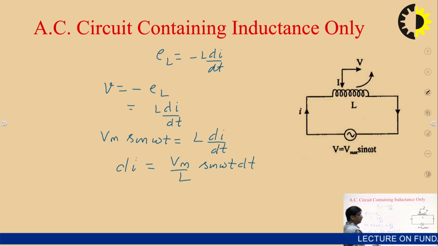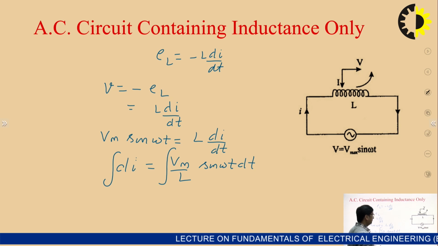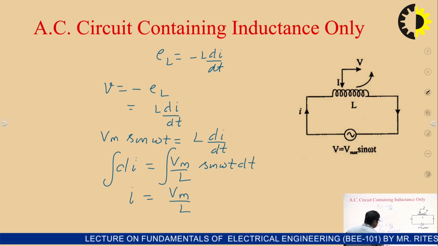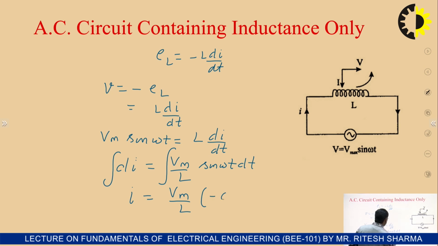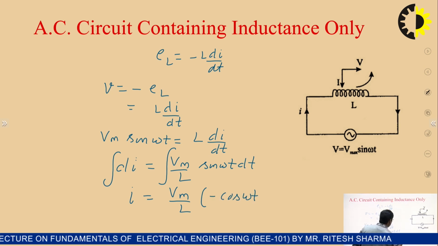Now we are going to find the expression of current. When we integrate both sides over the period of time, you will get I equal to Vm upon L, which are constants, and sine omega t integrates to minus cos omega t divided by omega.